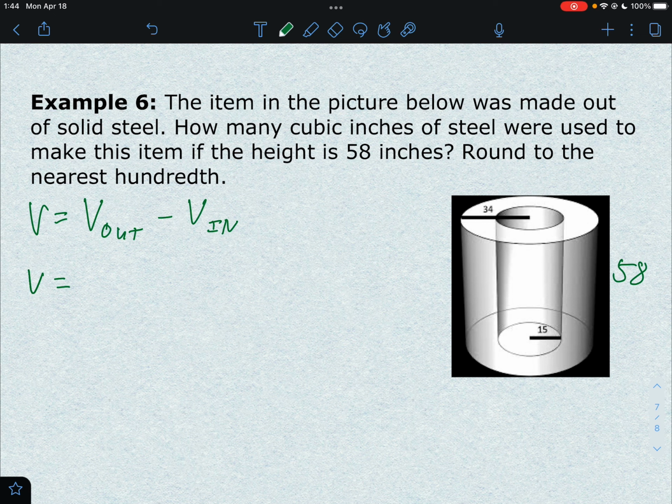So our volume is going to be pi, the radius of the outside cylinder is 34, times h, minus pi, the radius of the inside cylinder is 15, times h. And instead we're going to round this to the nearest 100, so we could just type this all in our calculator in one step here.